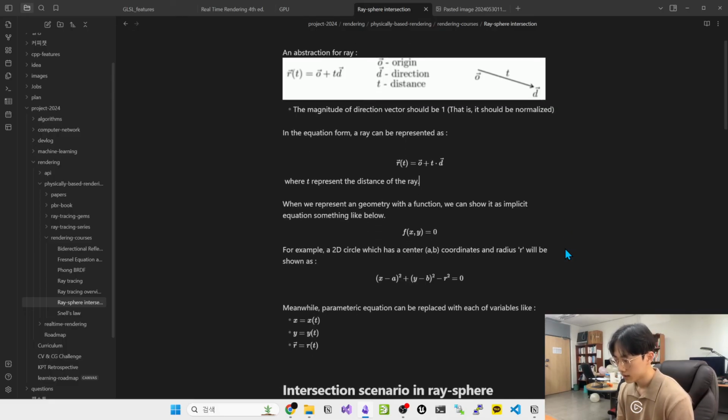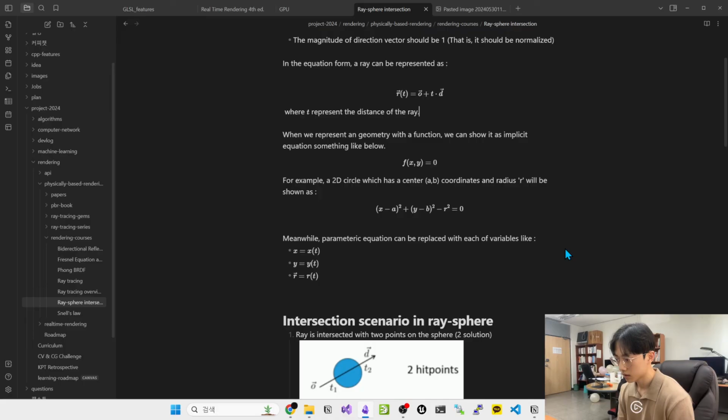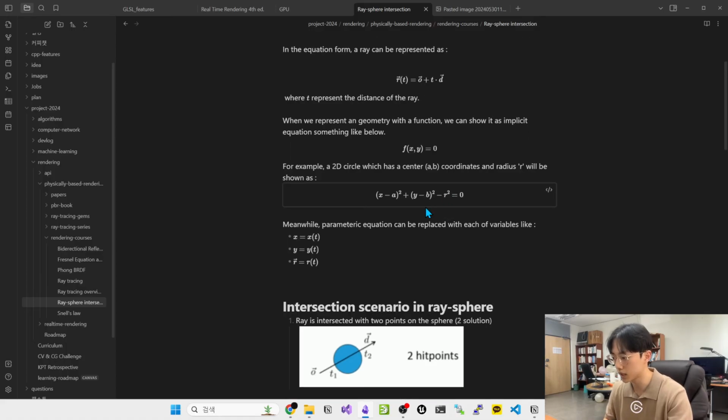So we can represent a circle in two-dimensional space with the center of the circle and the radius r, as shown with this equation. Here x and y is a certain point on the circle, and a, b is the center of the circle.